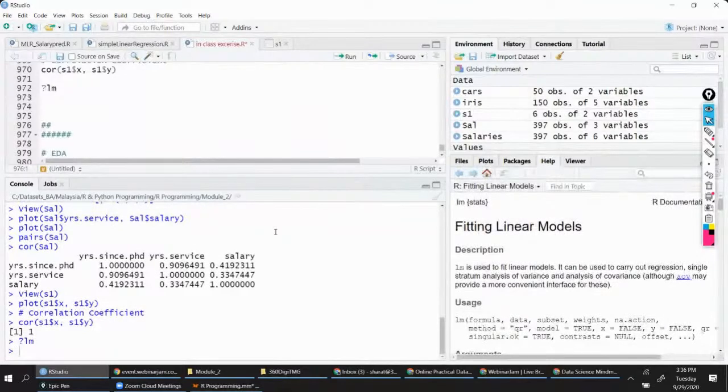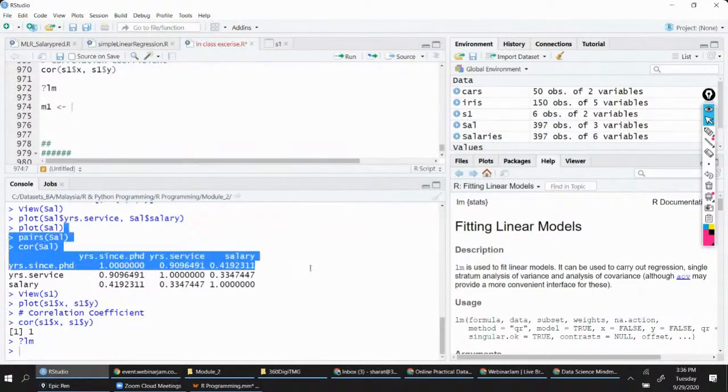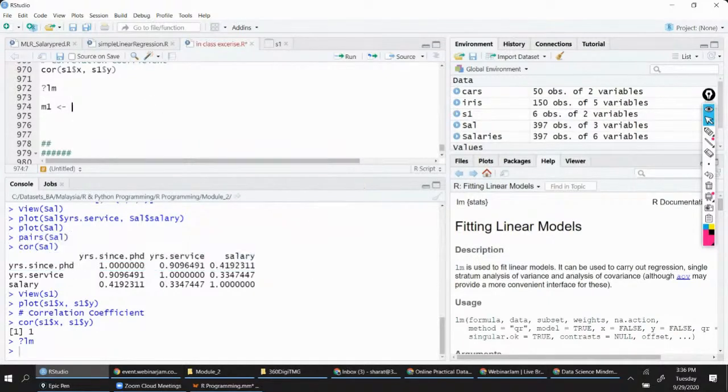Fitting linear models. Linear models is the straight line that we are talking about, right? We're trying to do that. So let's record this as model 1. We are trying to save the details of the calculations that R is going to do on the data set. So I'll say lm y tilde x, that's the syntax.